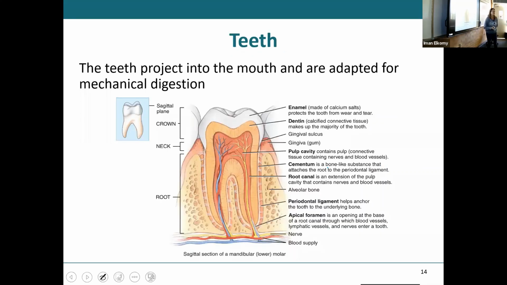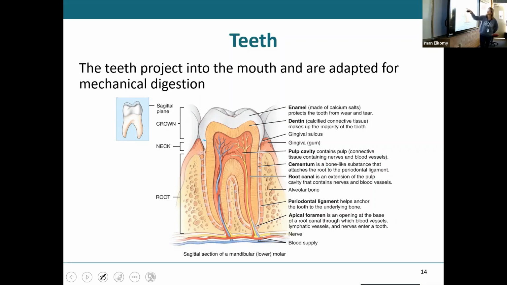Then we got our teeth. Our teeth also play a role in digestion, not chemical, but mechanical digestion, because they will mechanically break down things. So aided by the tongue, they can break all of the foods that we take in into smaller particles. Just a quick overview of what makes up a tooth. Above the surface right here, you've got the crown.